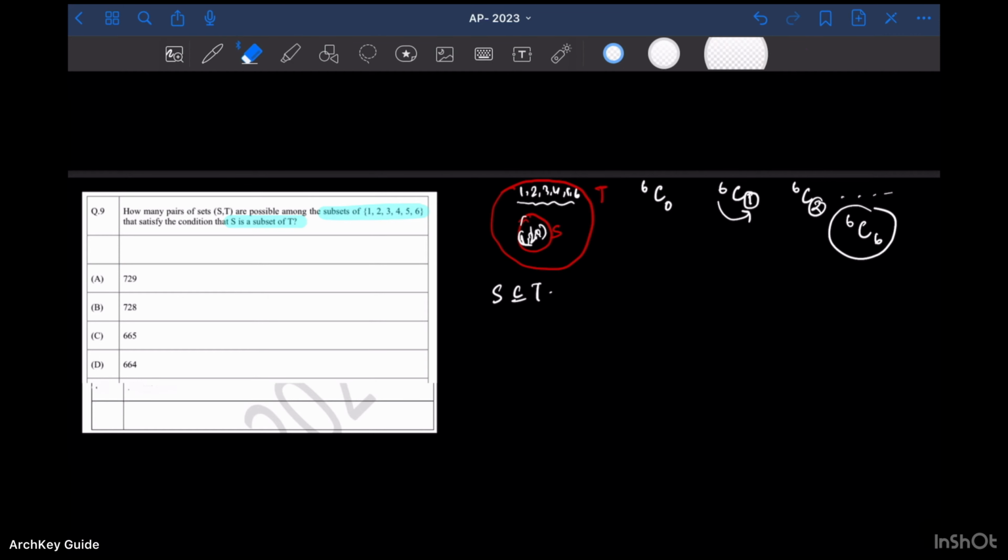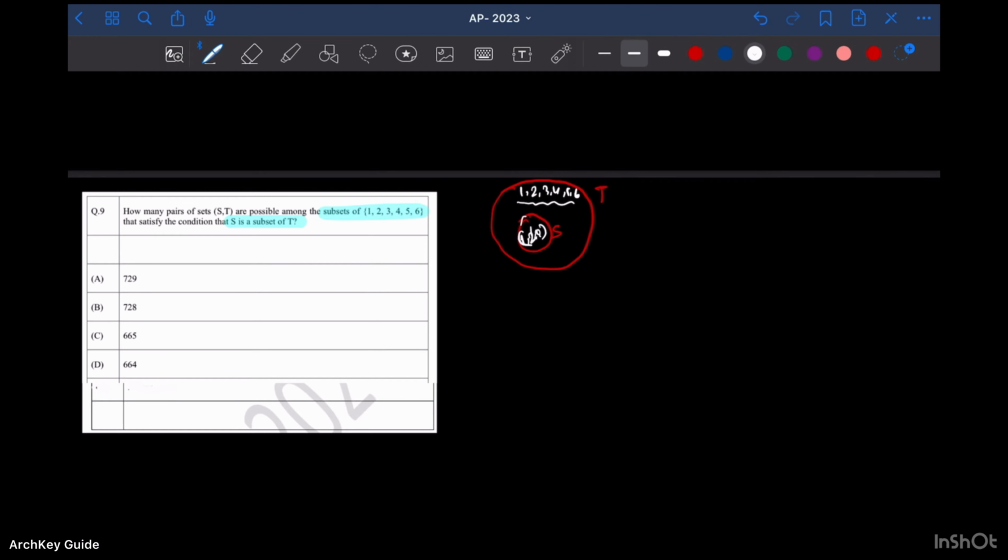Okay, let's write this down systematically so that we understand what is going on. How many numbers would be present in T? How many would be present in S? And what is the selection criteria?